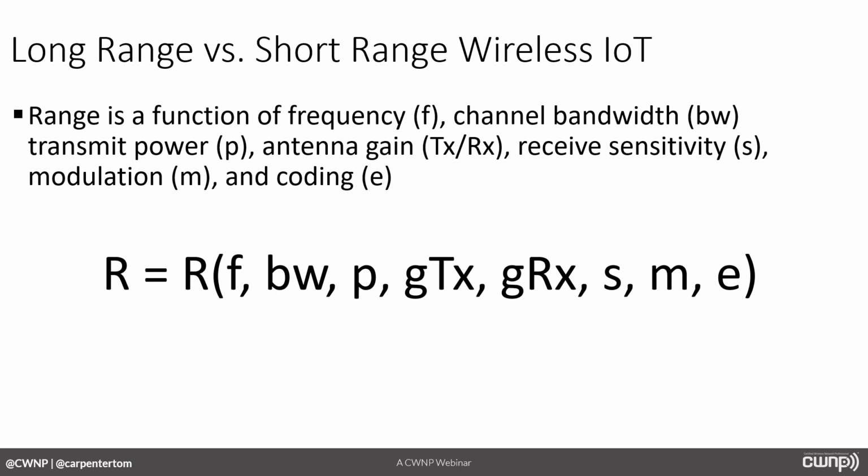And you may also know that your range gets even farther when you go below 2.4 gigahertz and you go down to 900 megahertz or 800 megahertz or 400 megahertz and so forth. And so lower frequency generally gives you longer range, but also optimal antennas become longer and longer.